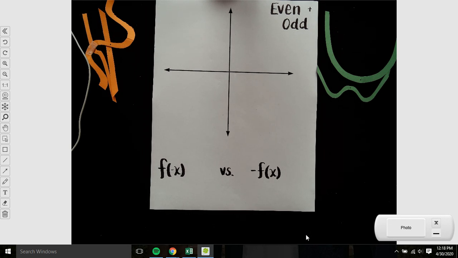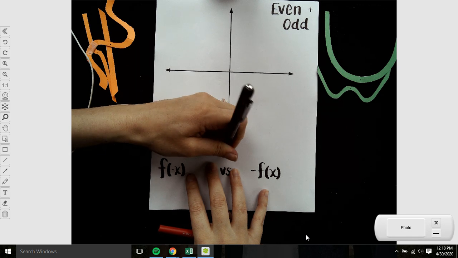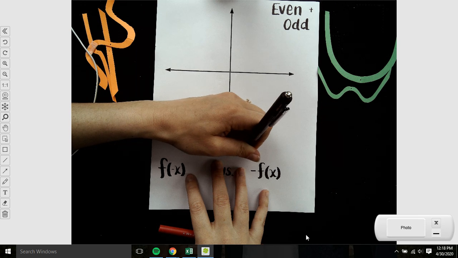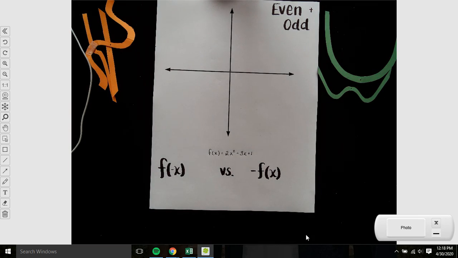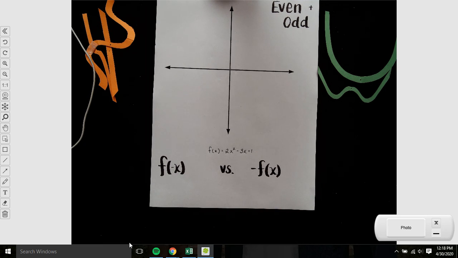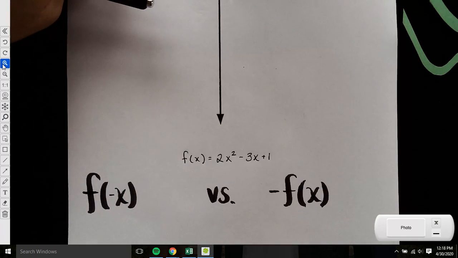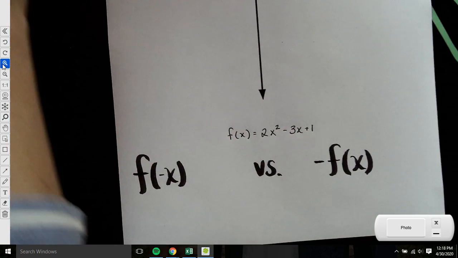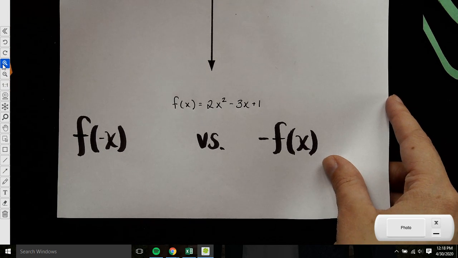So let's say I have f of x equals 2x squared minus 3x plus 1. I'll zoom in down there now. So I have 2x squared minus 3x plus 1.